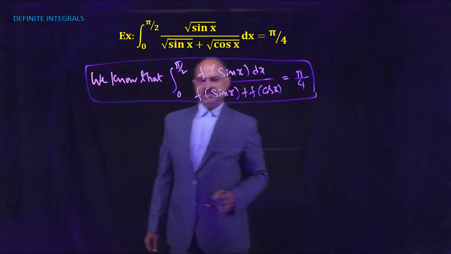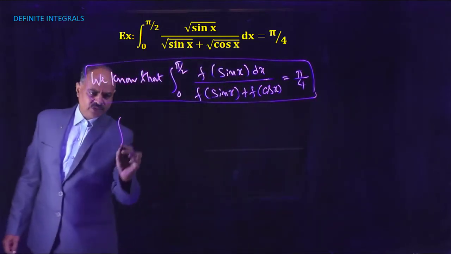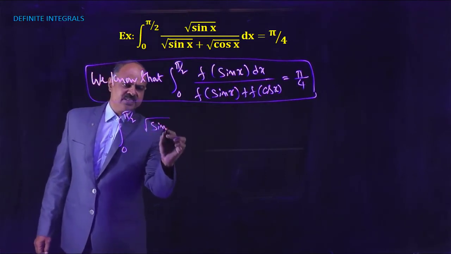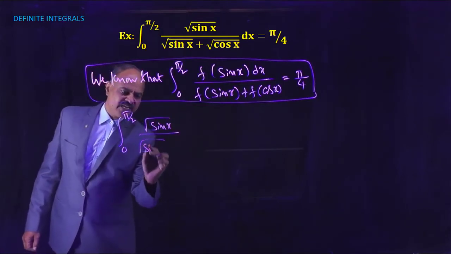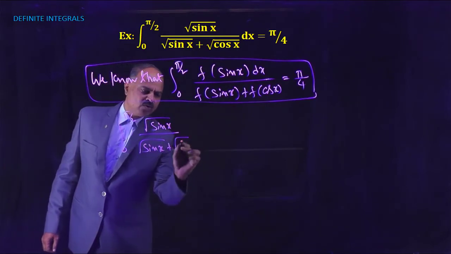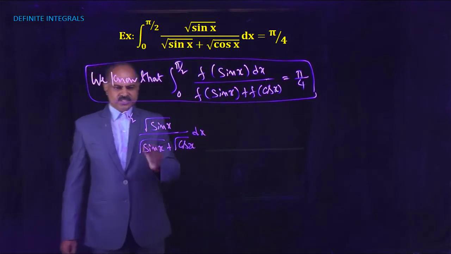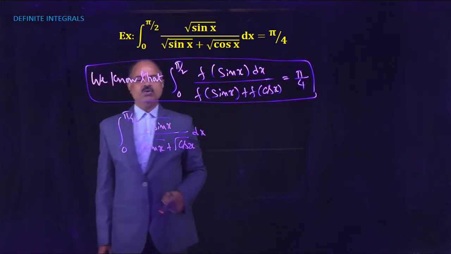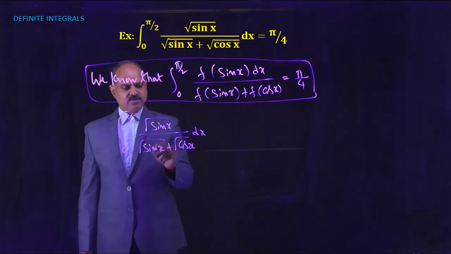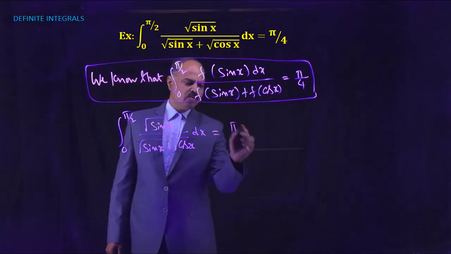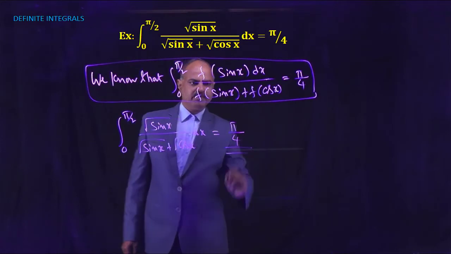So here, given integral 0 to pi by 2 square root of sin x by square root of sin x plus square root of cos x dx, this is of the form integral 0 to pi by 2 f of sin x by f of sin x plus f of cos x dx. So that is equal to pi by 4.